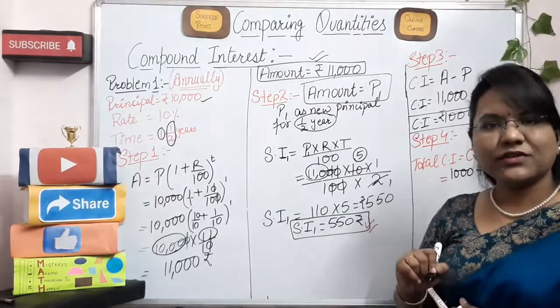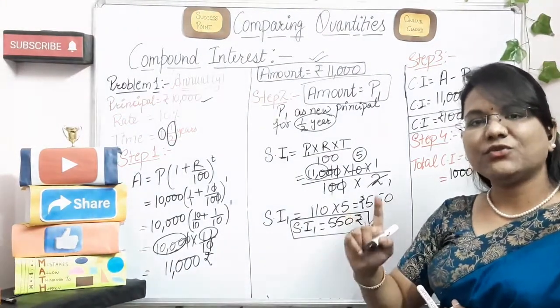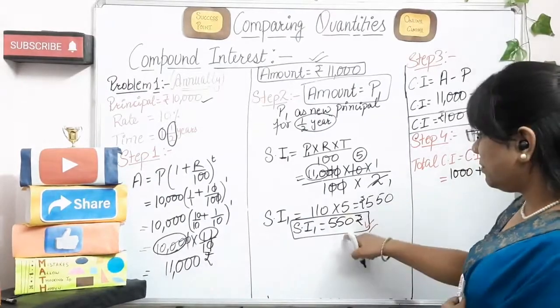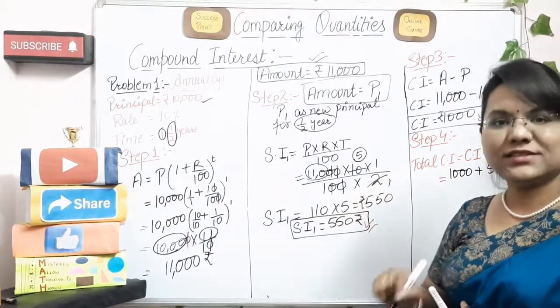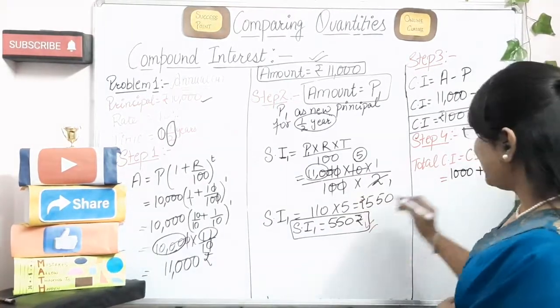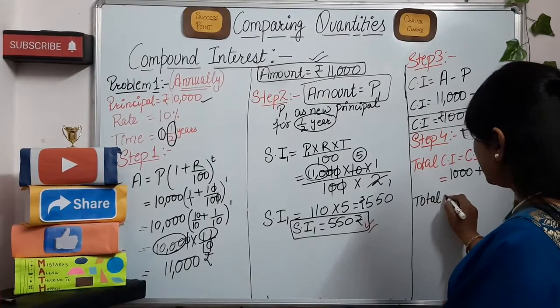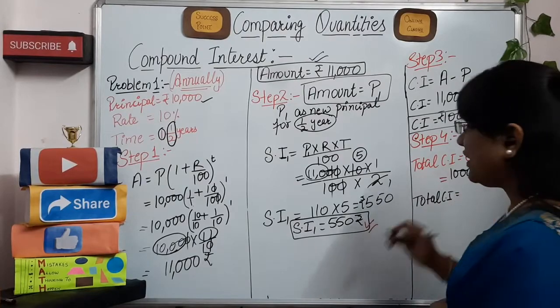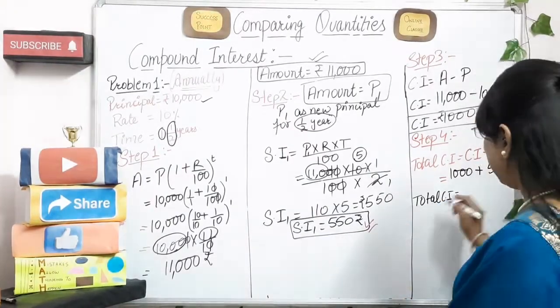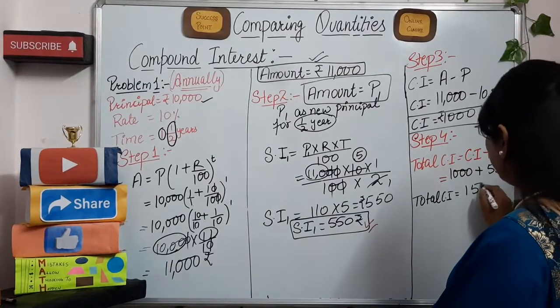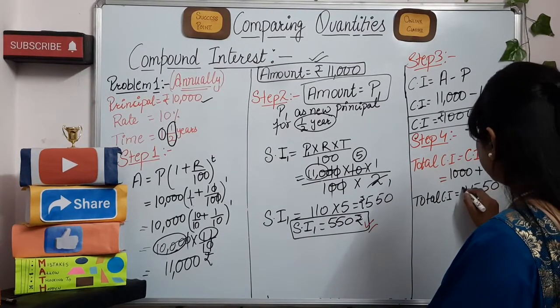Yes or no? That means for the first year you will get 1000 and for the remaining half year you will get 550 rupees. Is it, guys? Now our total compound interest, if we are eager to know how much extra you will get back, is 1550 rupees, guys.